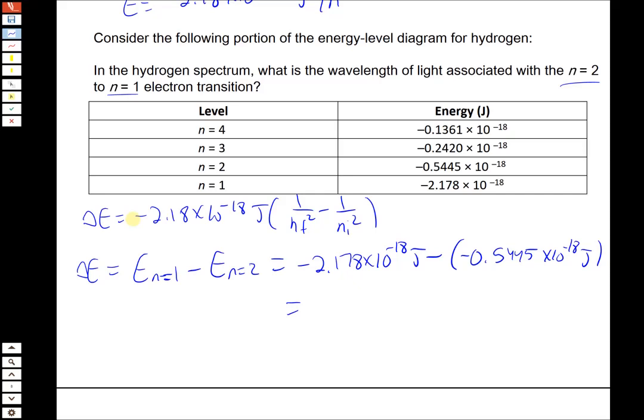Alright, so let me get that number here in a second. Alright, so what we should get for this is, again, a negative number because we're going from a higher value to a lower value of n.